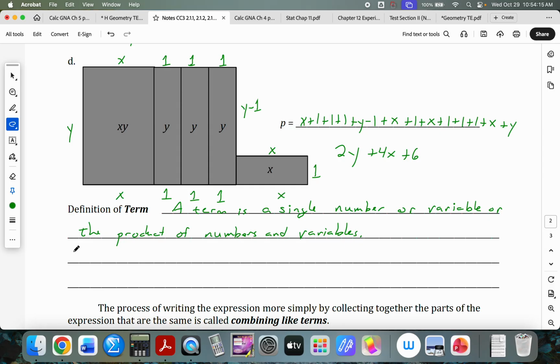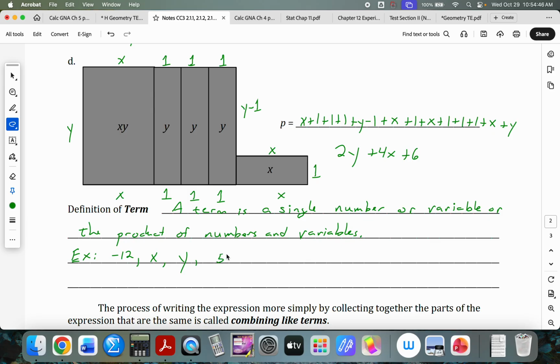So, for example, -12 is a term. It's just a single number. X is a term. Y is a term. Any of those that you see is a term. But I can also have the product of those.